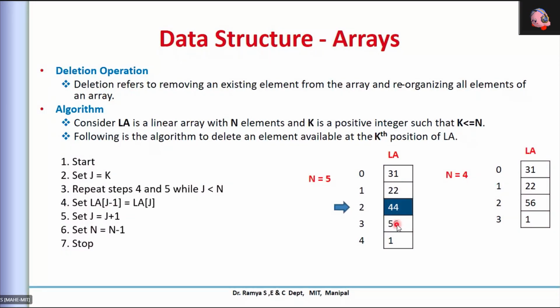So you shift whatever was at this position to here. At the end of that you are decrementing n. Why? Because if you decrement here, the algorithm is going to be affected. So after you complete everything, you decrement the length. So that is your algorithm.